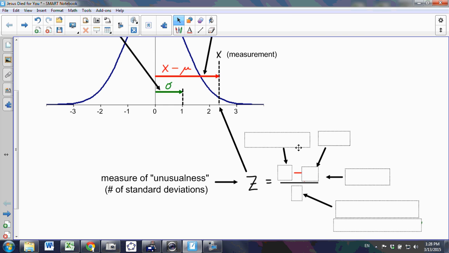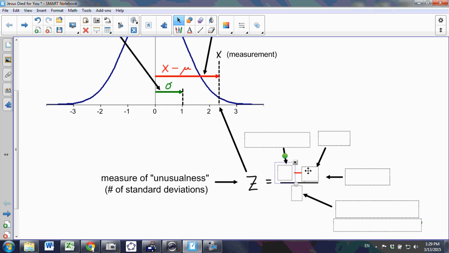So how do we actually calculate that? Well, we want to know how many of these standard deviations, that green guy, it takes to get all the way out to this measurement. So it's how many of those sigmas are in this deviation.